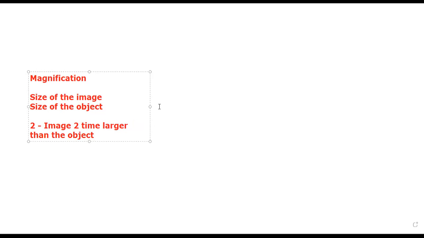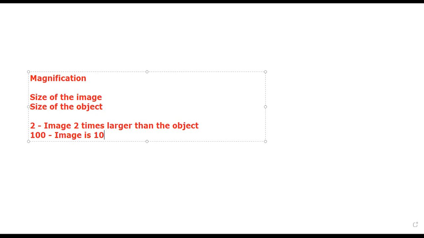Understood? If the ratio is coming to 100, what is the meaning? Image is 100 times larger than the object.